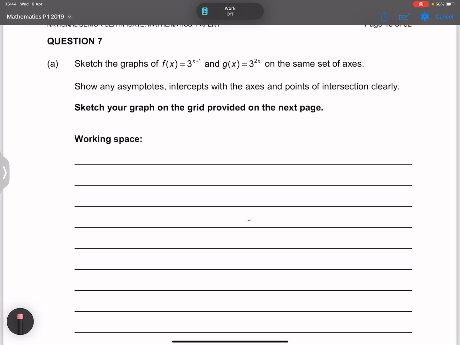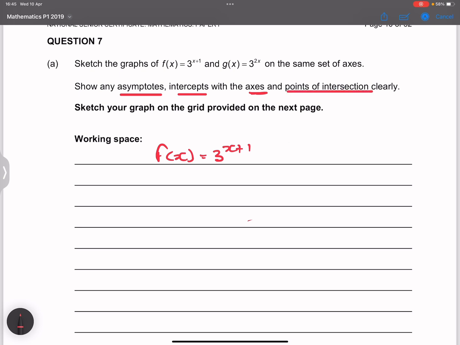Now, what we're going to do is say f of x is equal to 3 to the x plus 1. They did say we need to show the asymptotes, the intercepts, and the axes, with the axes and points of intersection. So in this case, we need to show those.